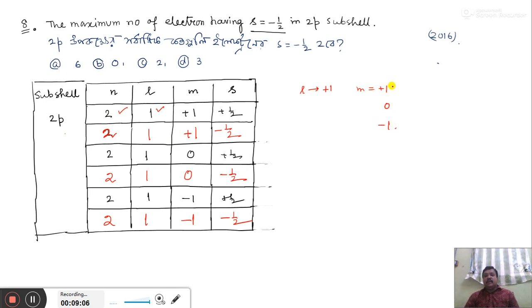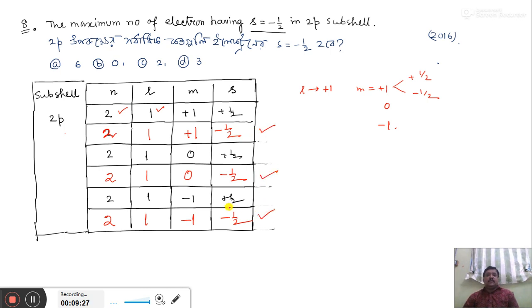And for each m value, the values of s are plus half and minus half. When you draw this diagram according to Pauli's exclusion principle, you see that s value minus half arises in 3 cases.